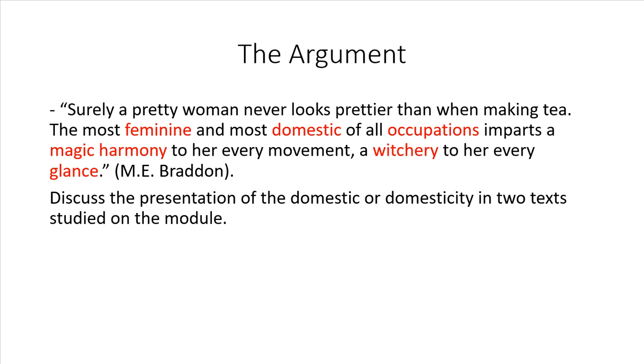So it's something that has to be worked at. Magic harmony. Well, harmony is something that is undoubtedly an issue in the Victorian depiction of the domestic space. A harmonious space is a good space, a space that represents the ideals of Victorian life in some way.